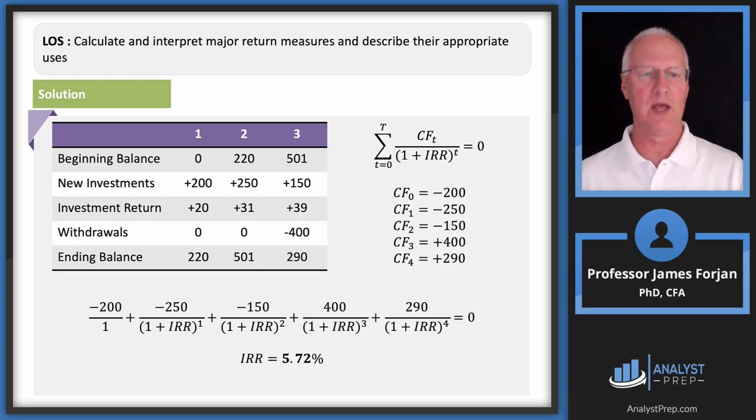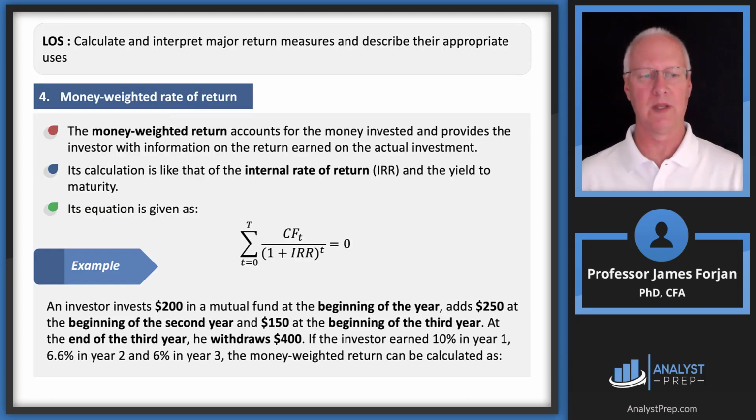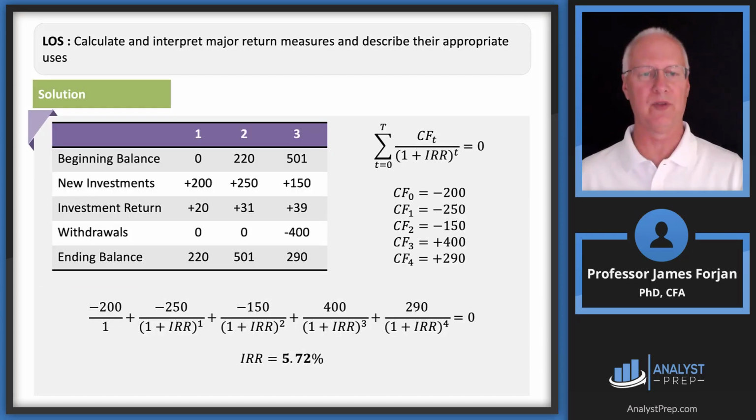And so let's go ahead and start with 0, right? We start with 0, we add 200, and by the end of that first year, we earned 10%. So that gets us up to 220. Then we add 250, and what did we earn that second year? 6.6%, so that gets us to 31. If you're following along with your calculator, I think we left off a couple of pennies in there.